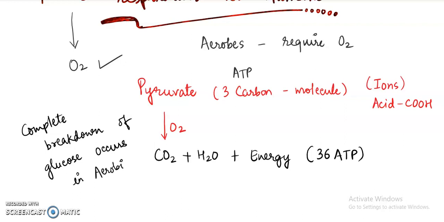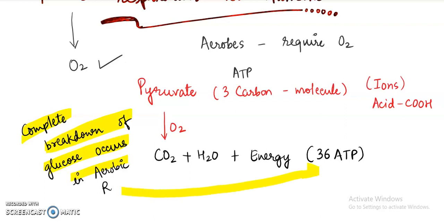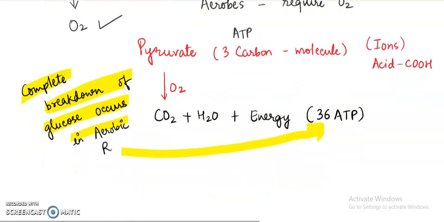This is a very important line that I have written for you: complete breakdown of glucose occurs in the case of aerobic respiration. That is why it is producing a high amount of energy. Whereas complete breakdown of glucose has not happened in anaerobic respiration, thus it produces very little energy.